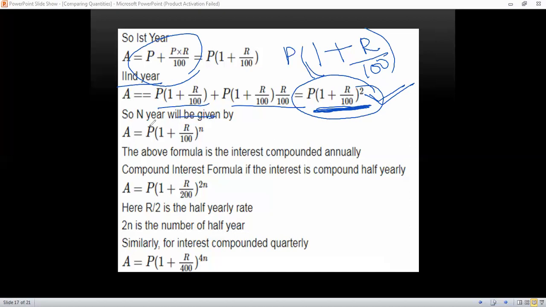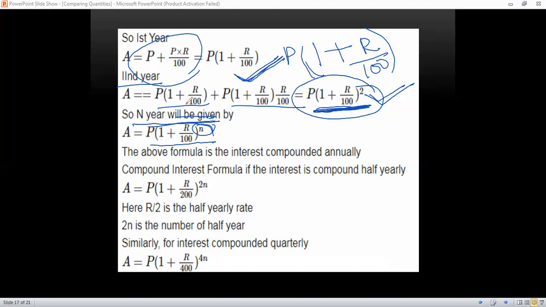For n years, if the number of years is n, meaning n can be any value, the formula we can apply for compound interest is amount is equal to principal bracket 1 plus r upon 100, and here n. And what is n over here? See, for first year we are getting this amount.